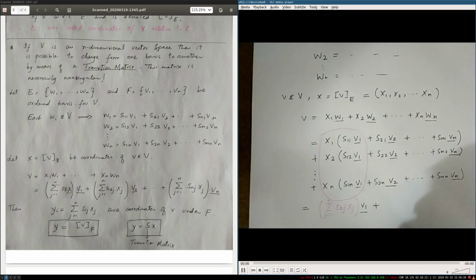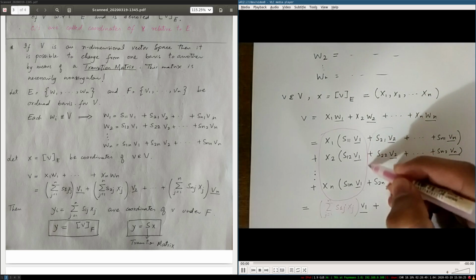and I can write the next term again, and I repeat the same process with these terms.